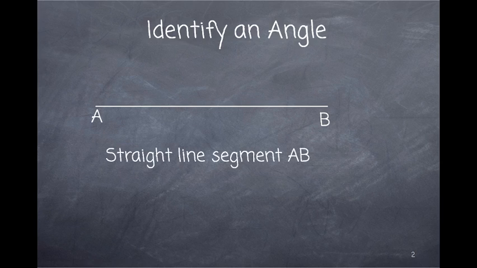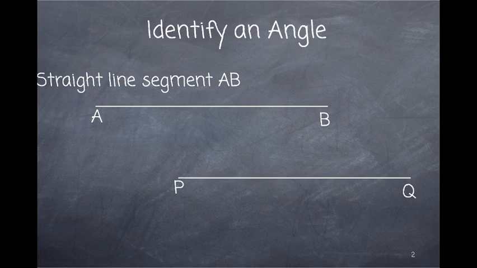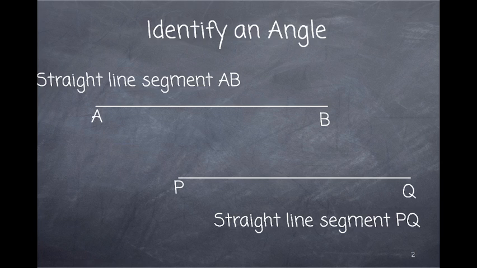And let's take another line that is similar to this. That is the line PQ, or the straight line segment PQ. What can you tell about these two lines? Let's extend these lines a little more, and you can see that these two lines never meet each other.